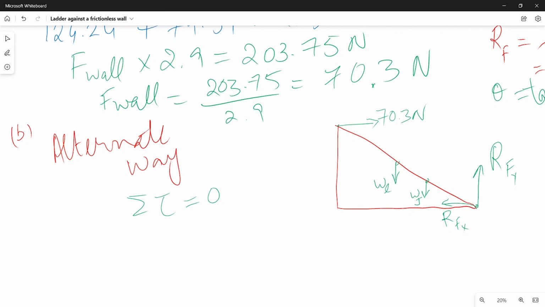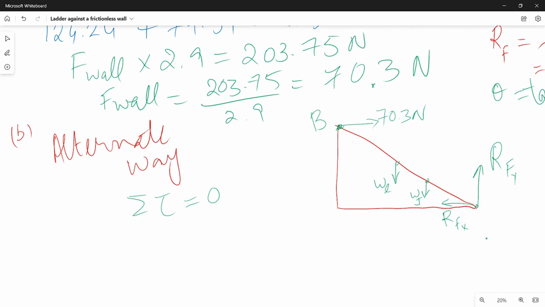I have again redrawn the forces on the ladder. Because our floor is not frictionless, it has a vertical component and a horizontal component, and this time we would use this point as the pivot. Maybe this point, which I have marked as B, will be our pivot point.